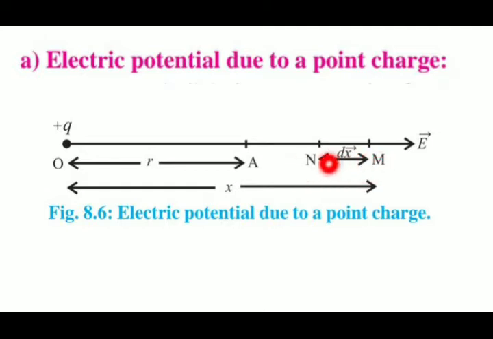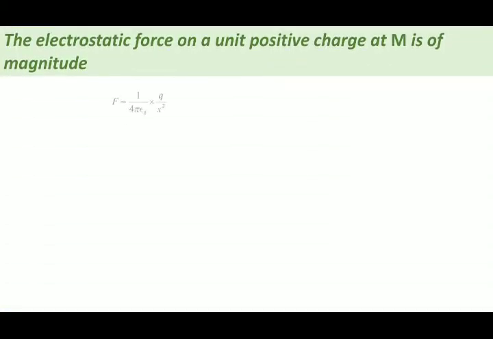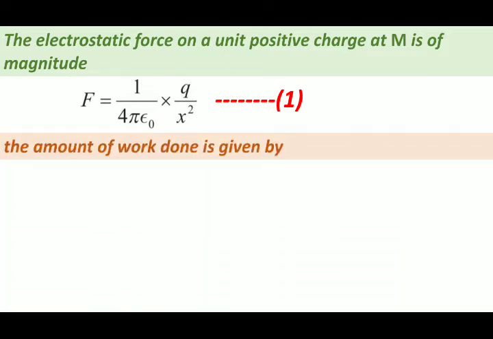Since this is a small displacement dx, the work done will also be small. So first of all, label this electrostatic force as equation number 1. The amount of work done is given by dW is equal to minus F dot dx. The negative sign appears as the displacement is directed opposite to that of the force.